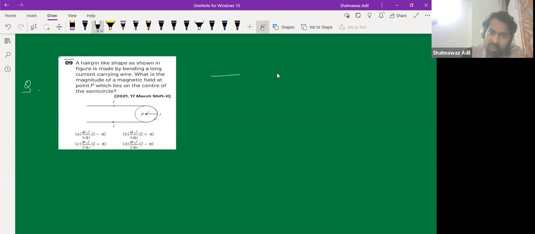So how many contributions would there be for this hairpin? How many contributions would there be for this type of current?